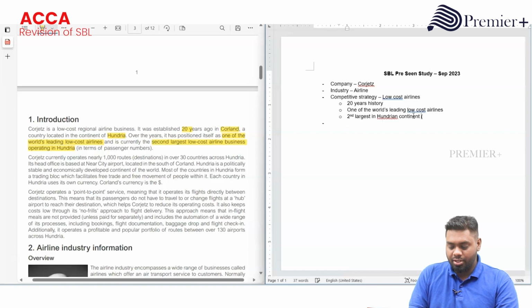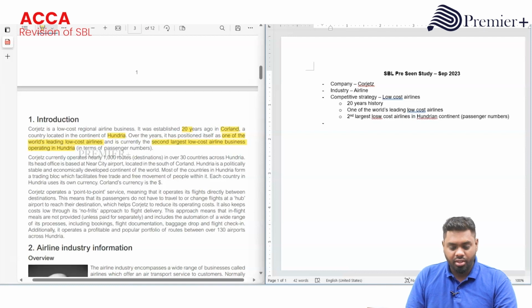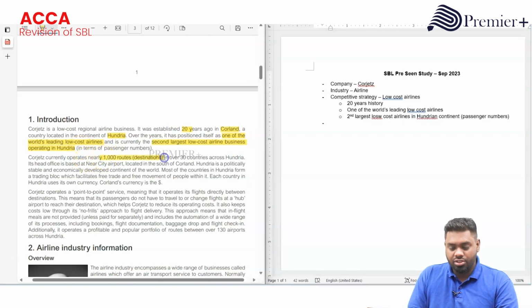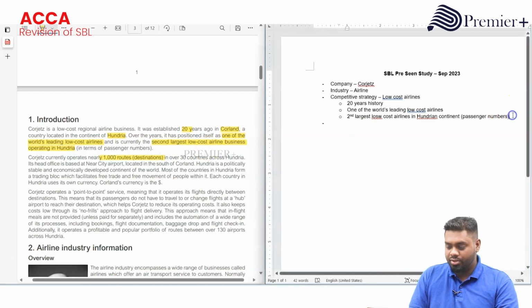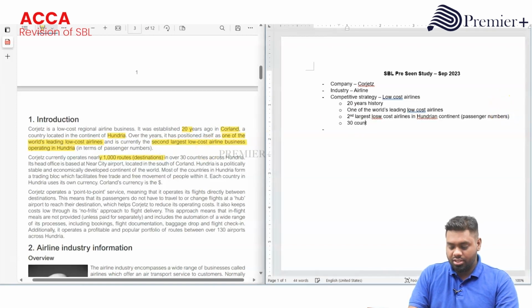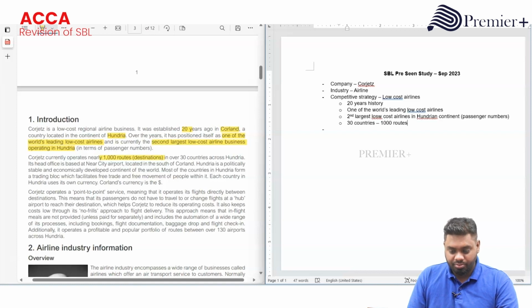It is in terms of passenger numbers. Courgettes currently operates nearly 1,000 routes or destinations in over 30 countries. So they are present in 30 countries, and 1,000 routes across Hungary.